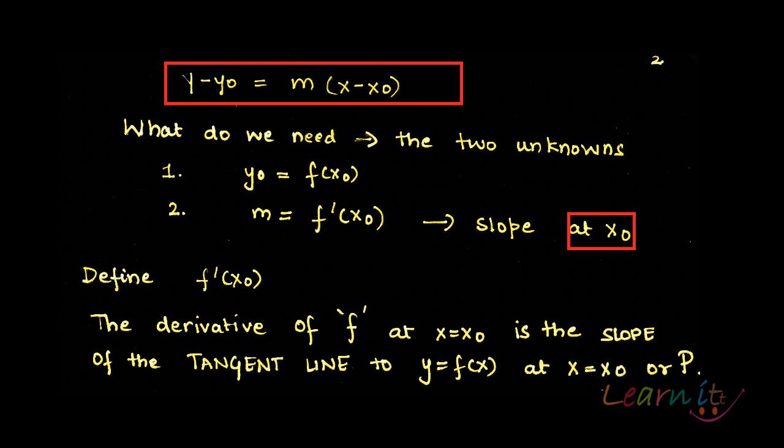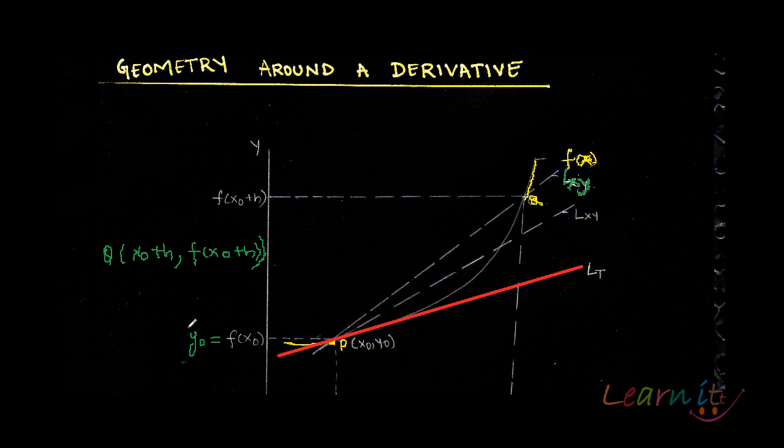So we define f dash x0. What is f dash x0? f dash x0 essentially is the derivative of f at x equals x0. It is the slope of the tangent line to y equals f(x) at x equals x0, or P. So the slope of this line is the derivative.